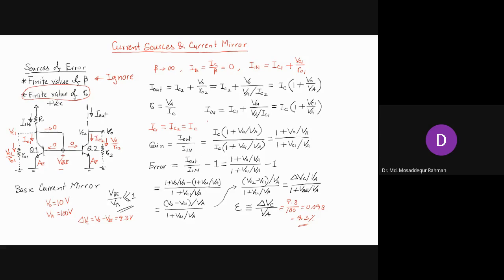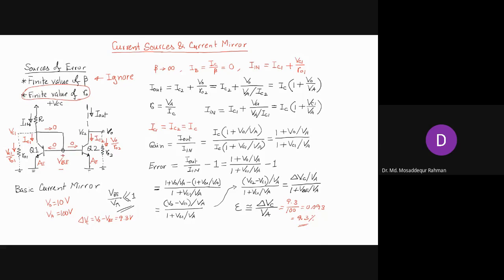So now how do we minimize this error? What are the ways to minimize this error? We need to increase the output resistance.